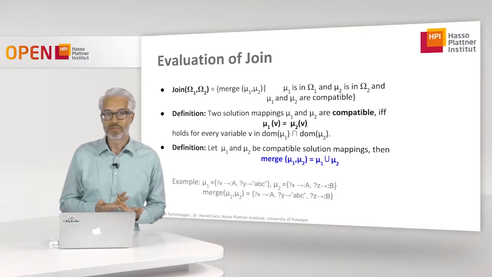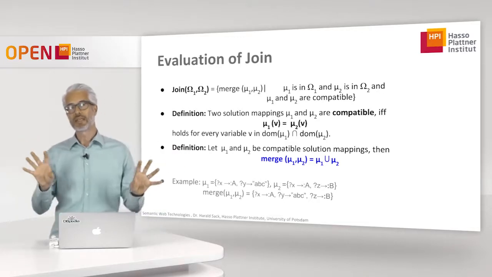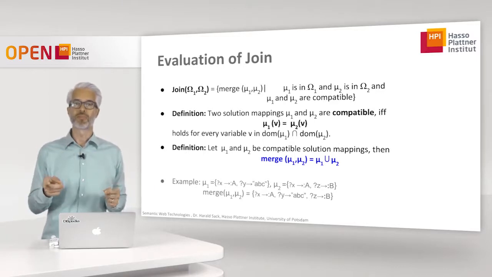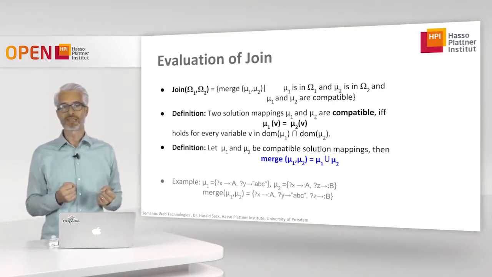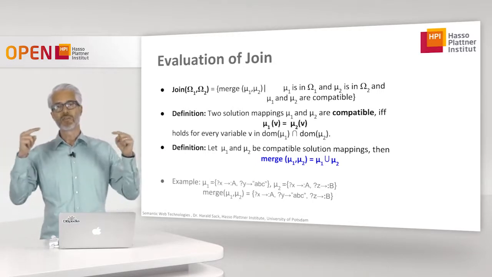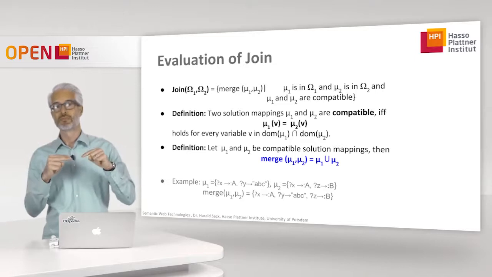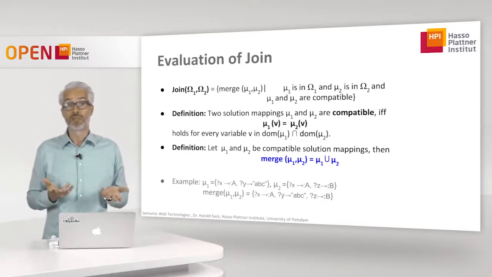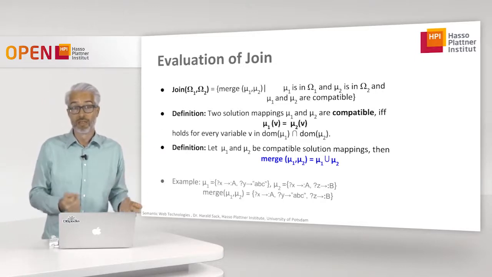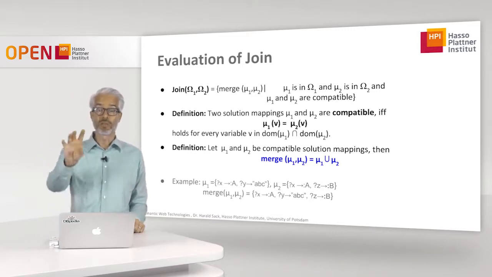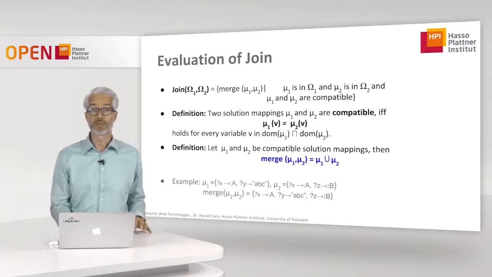So if I have two result sets, I only look at the variables which occur in both of them, at the intersection of both variable subsets. And then I only combine those which have exactly the same value in these variables, like a join usually works. So this is what the definition of compatibility says. Now we know what compatibility means, and we can continue with our definition.